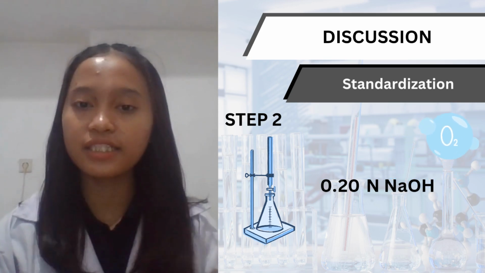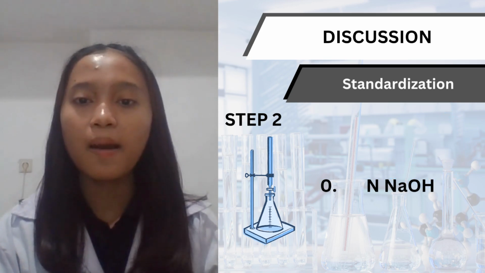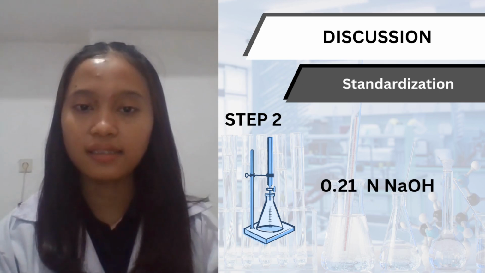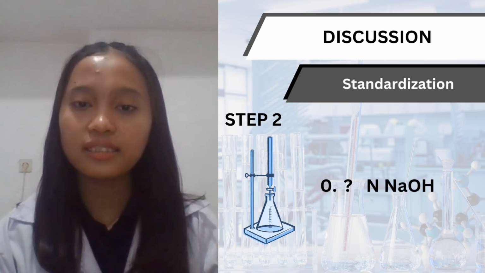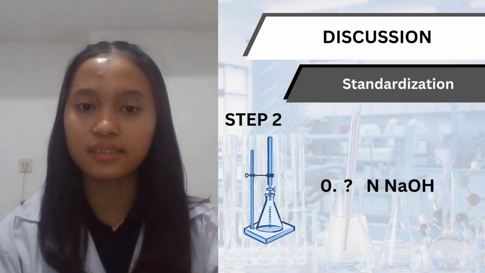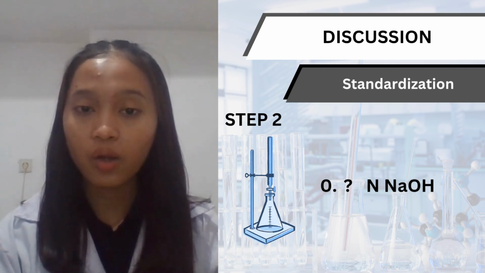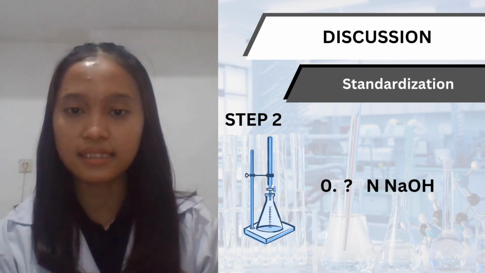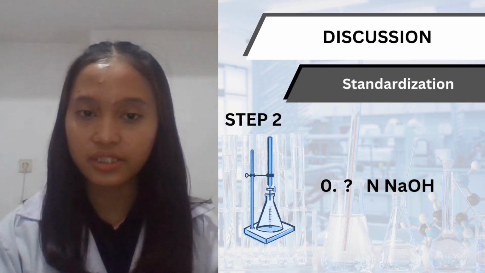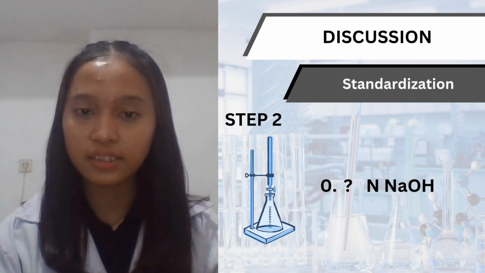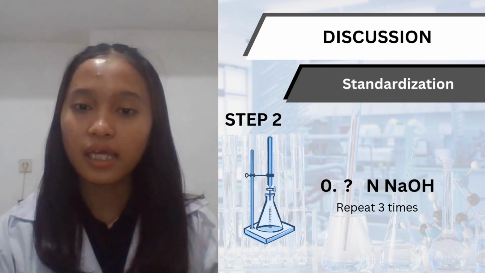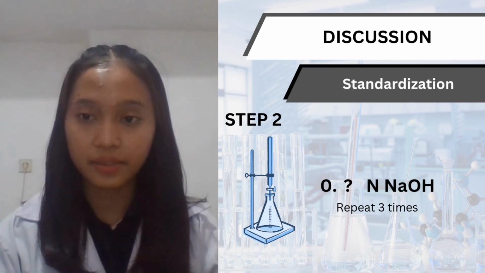This concentration may change over time. By titrating against a known concentration of oxalic acid, we can standardize the NaOH solution to obtain its precise concentration. Repeating the titration 3 times ensures accuracy and minimizes random error.